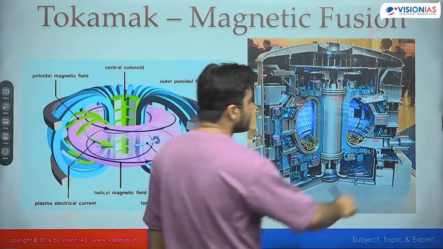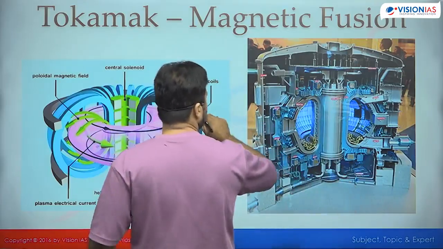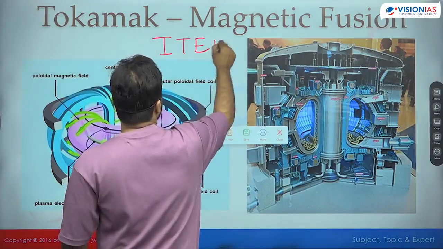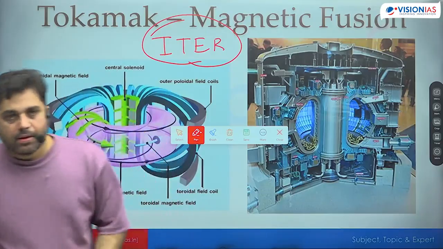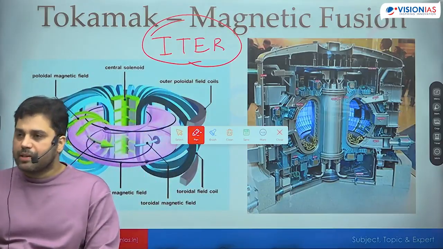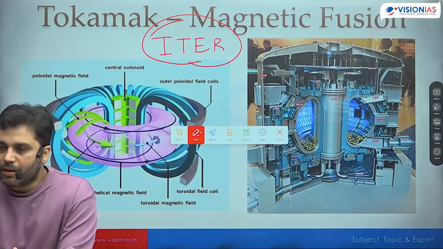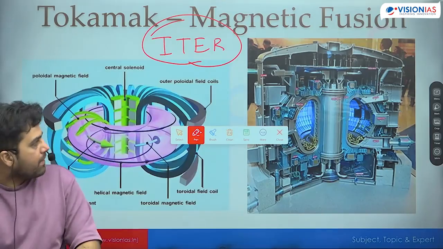There is an organization called ITER, International Thermonuclear Experimental Reactor. Fusion often is called thermonuclear fusion because it happens at very high temperature. The temperature requirement is so high that we often use this word thermonuclear fusion.